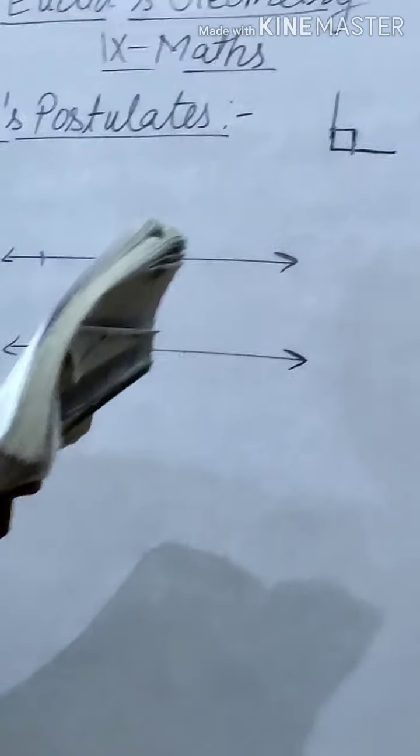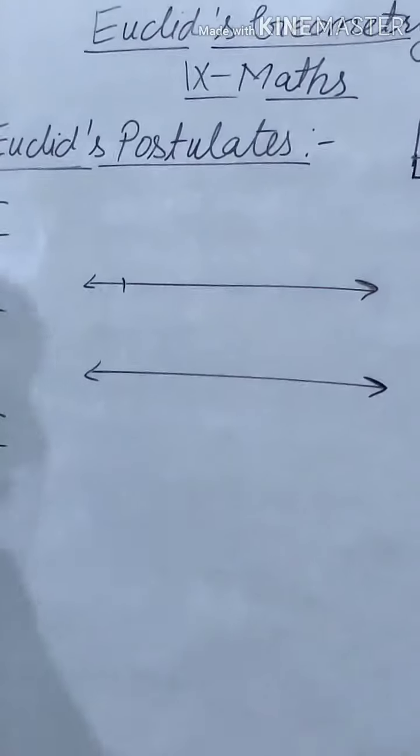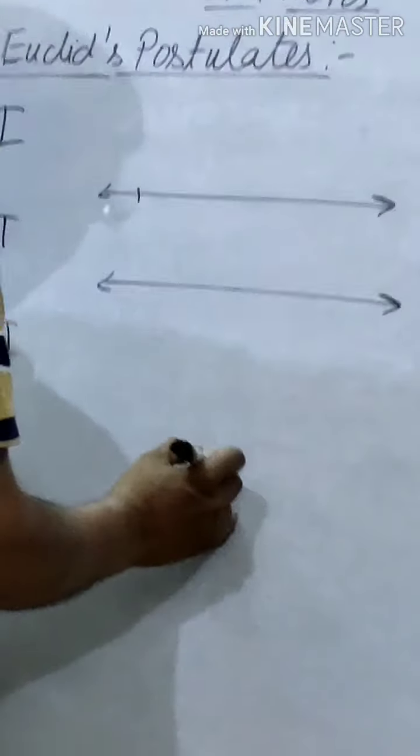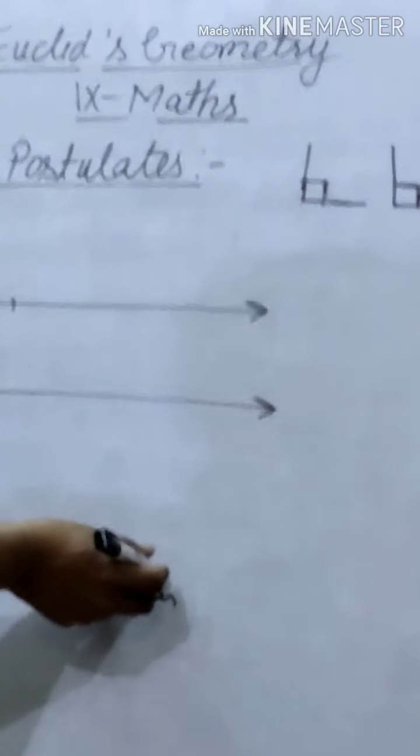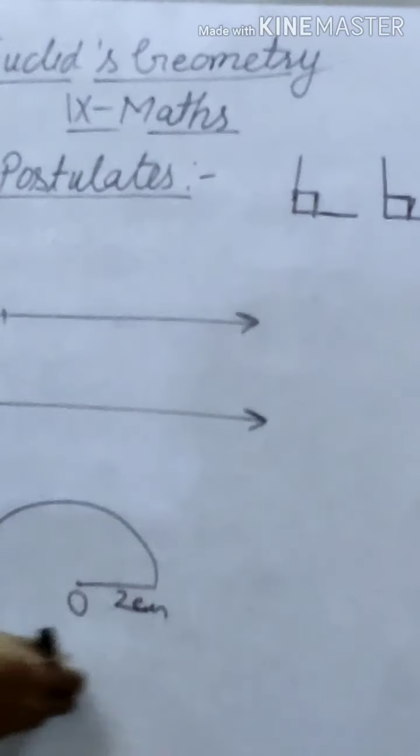Now postulate 3 says: a circle can be drawn with any radius. If I take 2 cm, I open the compass to 2 cm, put it here, take O as the center, and draw.